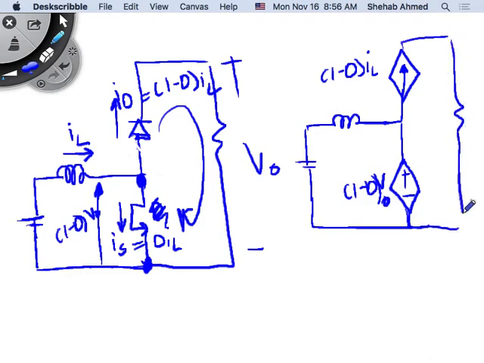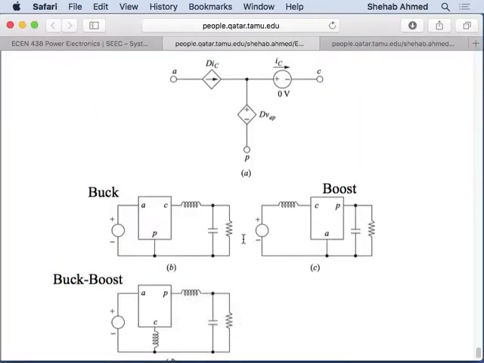And this would be your V output. For some reason they flip it in the text. They have this as a voltage source, and they have this as a current source. If you look at what they have in the text, between the inductor, so this inductor current, they call this terminal C in the boost converter, and they call this P and this A.